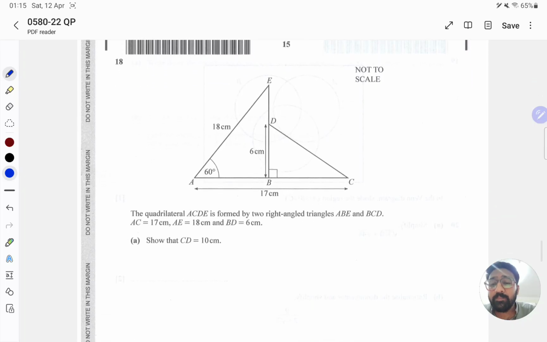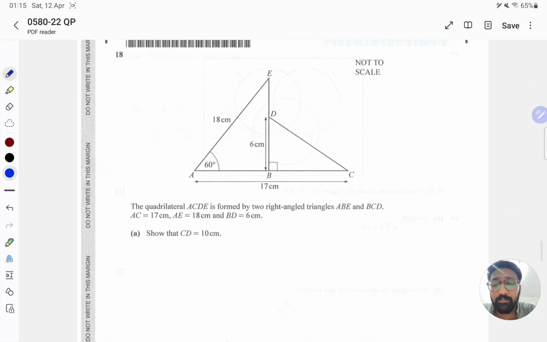Question number 18 says the quadrilateral ABCDE is formed by two right angle triangles, ABE and BCD.